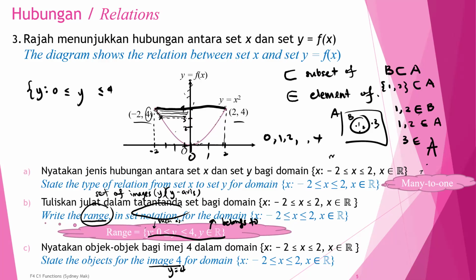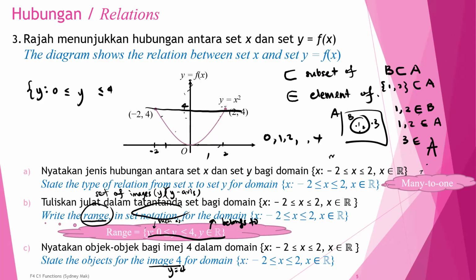That means all these are in also. When all these are in, that means all these points are in. But I want my y equals to 4. When is it y equals to 4? This line. On this line, y equals to 4.